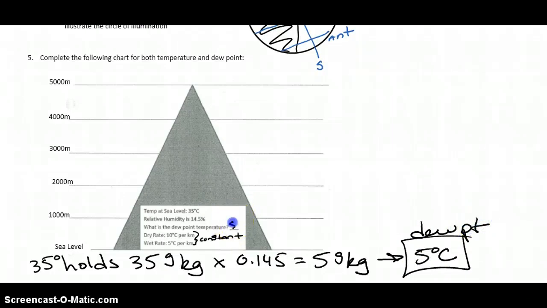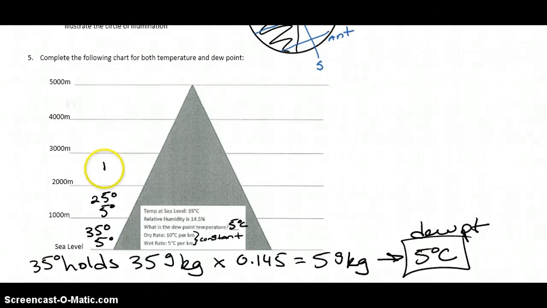So I'm going to write that 5 degrees C. Now, at sea level, I have 35 degrees for my temperature, 5 degrees for my dew point. I'm going to use the dry rate because they're not the same. So I'm going to subtract 10 from the 35 as I go up 1,000 meters, but I'm going to keep the dew point the same because it hasn't been reached yet.